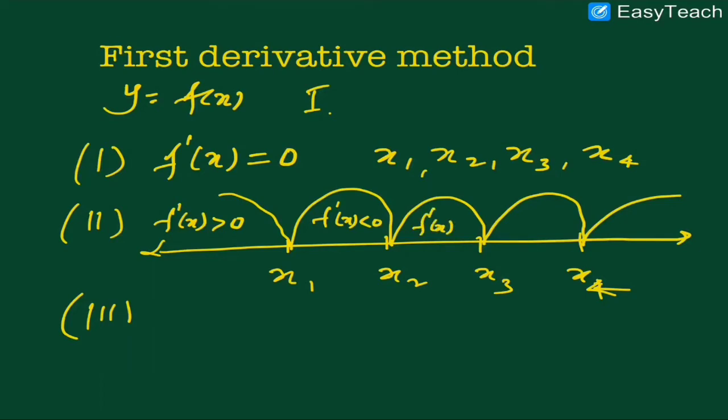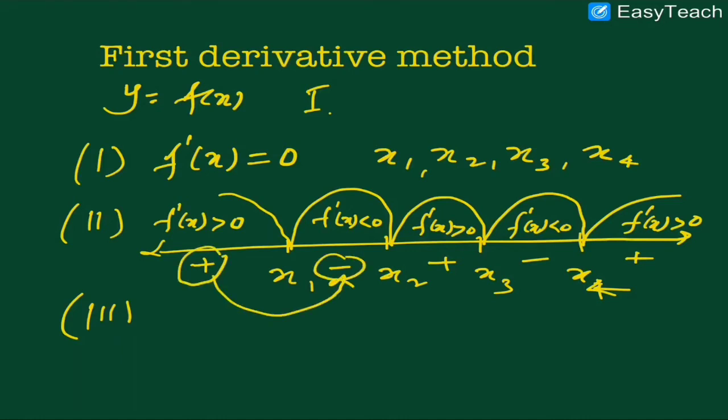And suppose after the point x2 the sign of f dash x is positive, after the point x3 the sign of f dash x is negative, and after the point x4 the sign of f dash x is positive, like that: plus, minus, plus, minus, plus. Since the sign of f dash x changes from plus to minus at the point x1, therefore x1 is said to be the point of maxima.